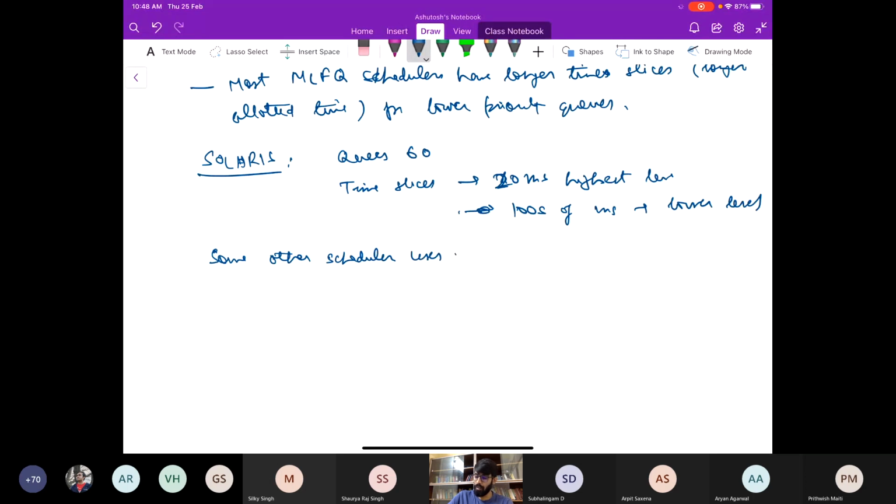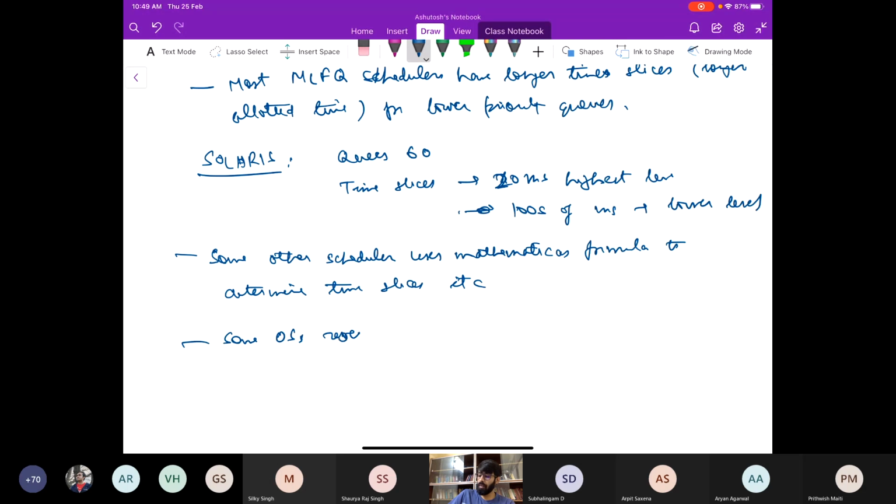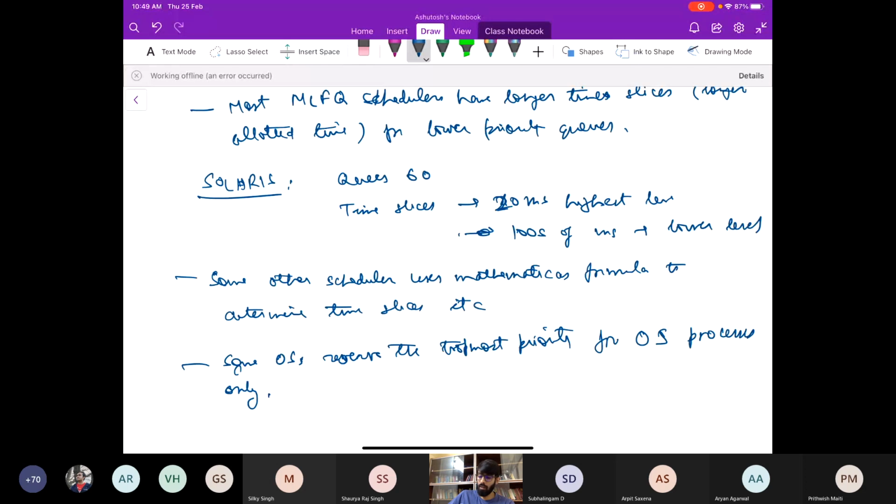Some other schedulers use a mathematical formula to determine the time slices, and S. And there is another thing: some OSs reserve the topmost priority for OS work only, so any user process will be lower priority.